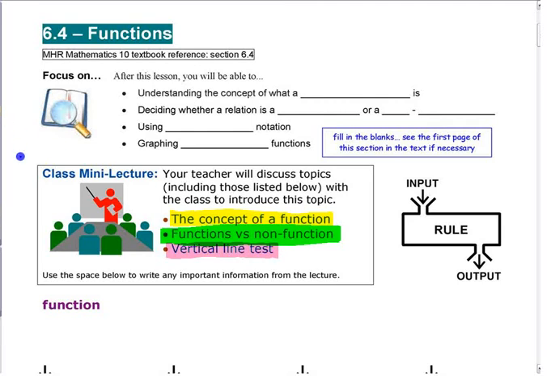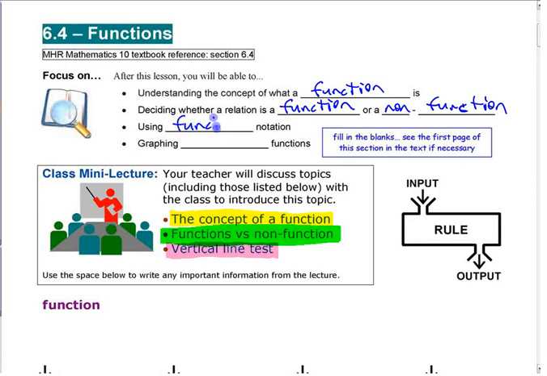So if you want to fill in this part up here, the focus on, right, the objectives: understanding the concept of what a function is, deciding whether a relation is, what do you think goes in those two blanks? Deciding whether a relation is a function or a non-function. And using what notation?